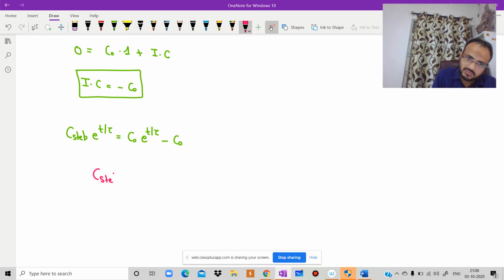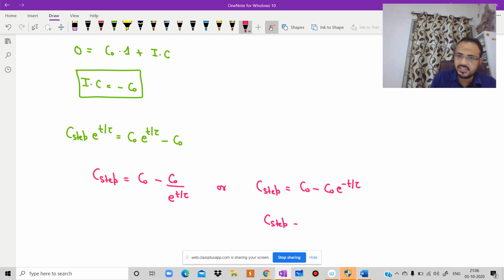C step is equal to C naught minus C naught by e to the power t by tau. Or we can write it like this: C step is equal to C naught minus C naught e to the power minus t by tau. From this equation, we will get C step is equal to C naught into 1 minus e to the power minus t by tau.